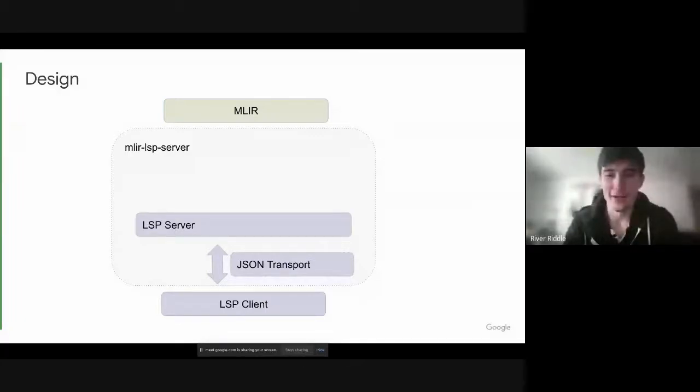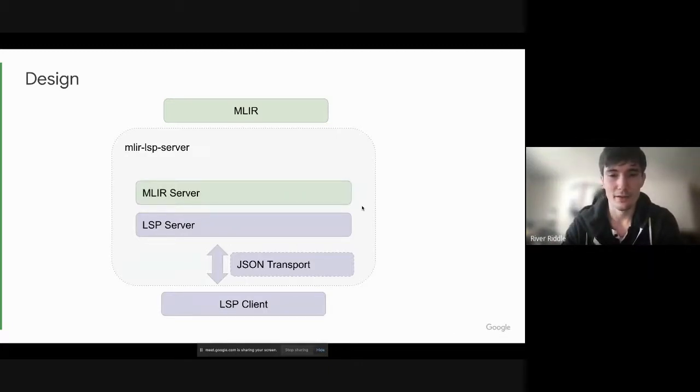It's generally useful to have some layer that's dedicated to managing that goop so that it doesn't infect the stuff that we want to write specifically with MLIR. So that's what LSP server serves, this layer inside of our main server infrastructure, which is just interpreting what messages come in from the client, and then sending responses back when necessary.